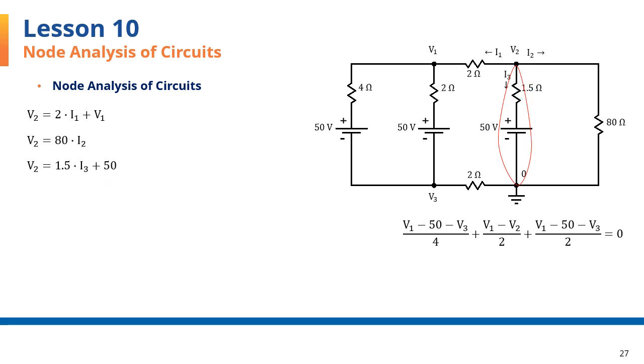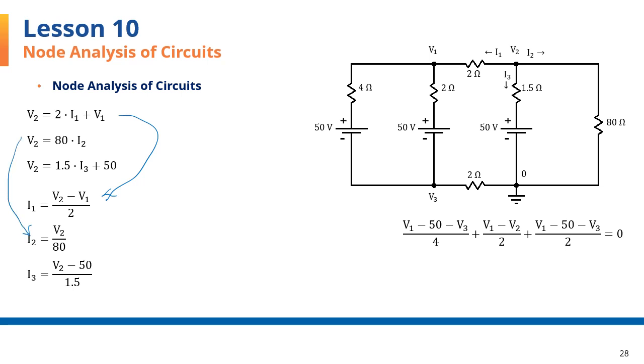Same process of finding I1, I2, I3 from these three equations: I1 from here, I2 from this one, and I3 from the last one.